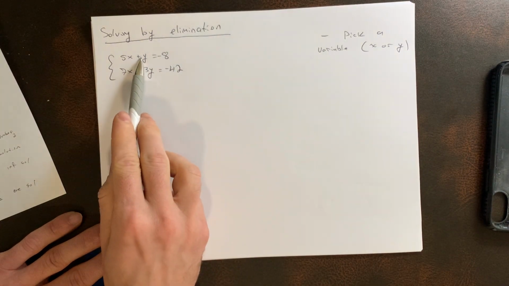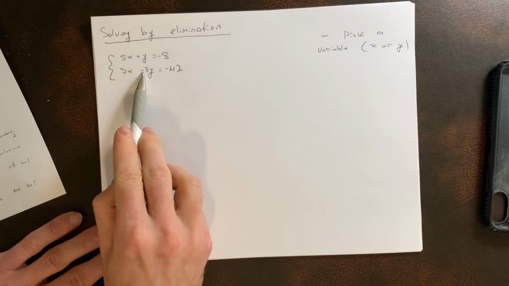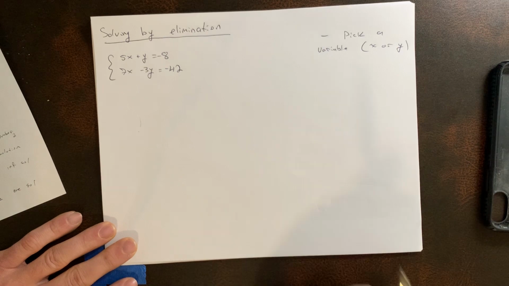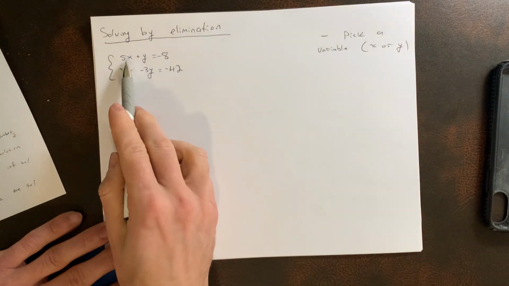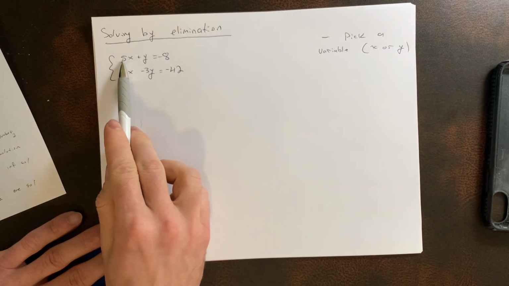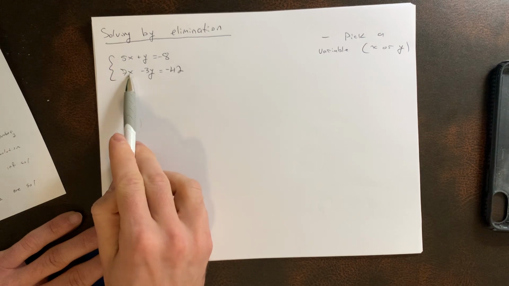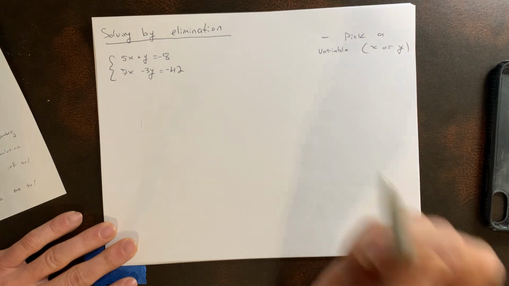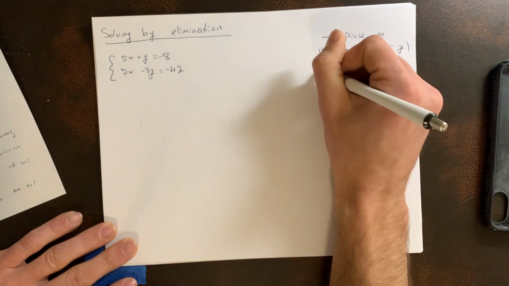So like here we could put a 3 in front of here and have a -3 in front of this one, that's fine. We just want the number in front to either be the same or the negative of each other. So say if we chose x, we'd want to either somehow turn this 5 into a number that would be the same thing as we could turn the 7 into. We'll see that more as we do this example.